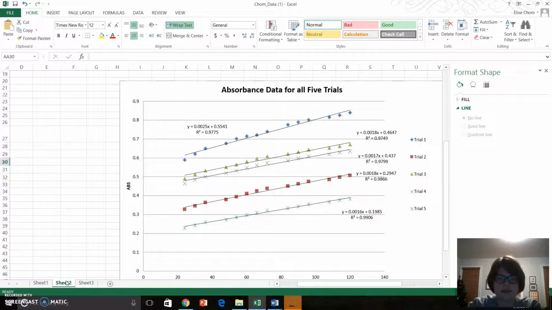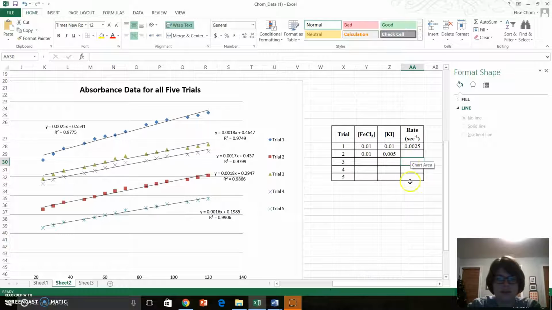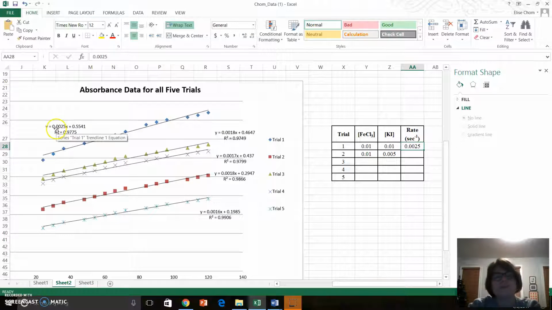Now the analysis, as I mentioned before, you got to get this number from these equations of the lines. So this number, the rate, is actually the slope of your line. So if you look at trial 1, my slope is 0.0025x, so that is my rate.